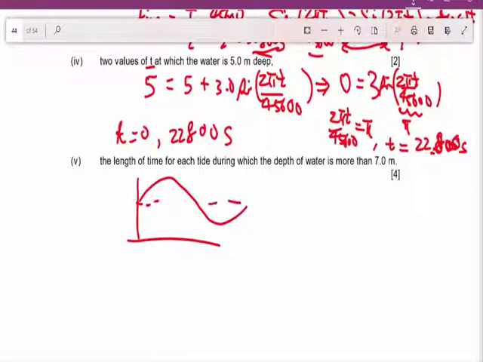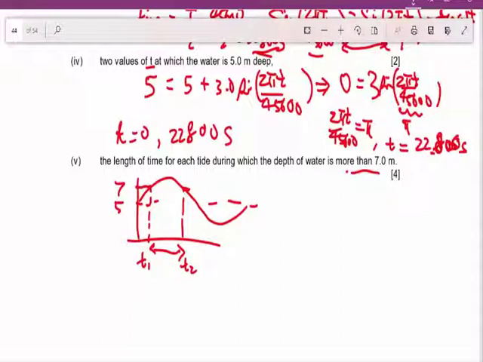You want to know when it will reach 7 meter, so from here to here, the level is more than 7 meter. So you need to find the two values of t, call them t1 and t2. The length of time will be t2 minus t1.